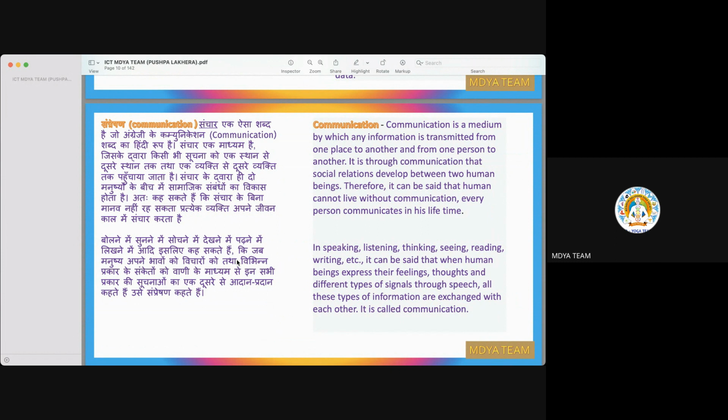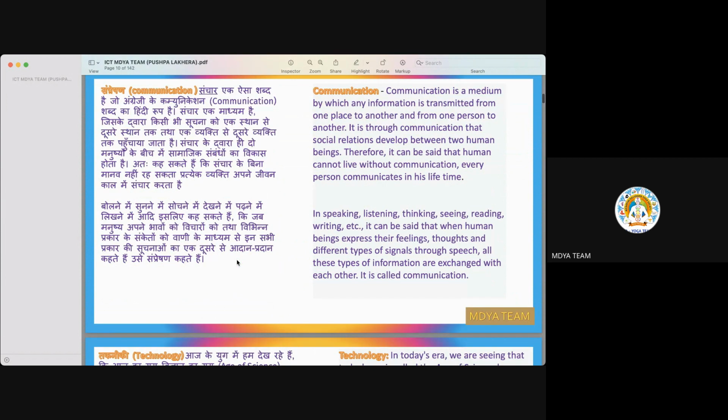So we have to communicate in a certain way: in speaking, listening, thinking, seeing, reading, writing, etc. When human beings express their feelings, their thoughts, and different types of signals through speech, all these types of information are exchanged with each other. That exchange of information and knowledge is called communication.